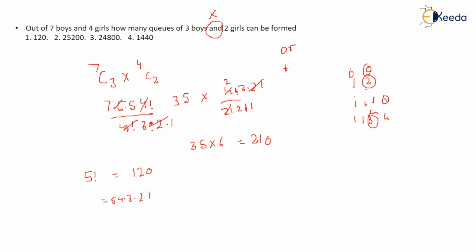Like this you can arrange these 5 people in 120 ways. So if you multiply 210 into 120, this comes out to be 25200. So your answer is 25200. Okay, thank you.